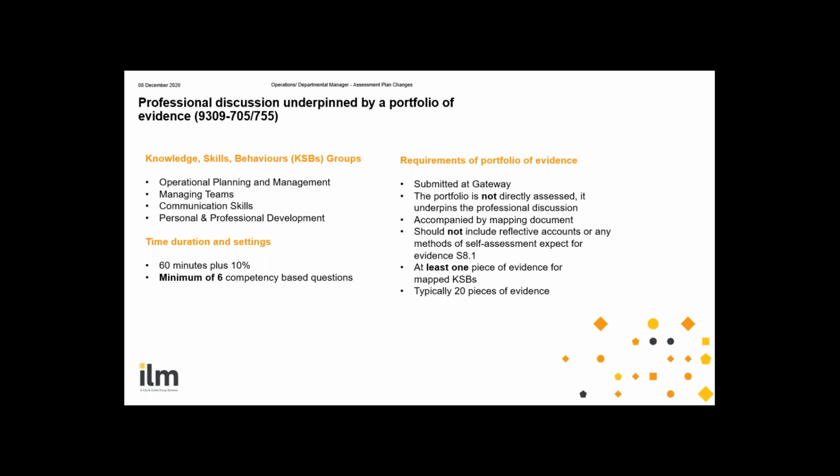So first of all, it's important to note that the knowledge, skills and behaviors within the standard have been distributed into different KSB groups, and each assessment method will assess different KSB groups. The KSB groups assessed in this assessment method are the following: operational planning and management, managing teams, communication skills, personal and professional development.